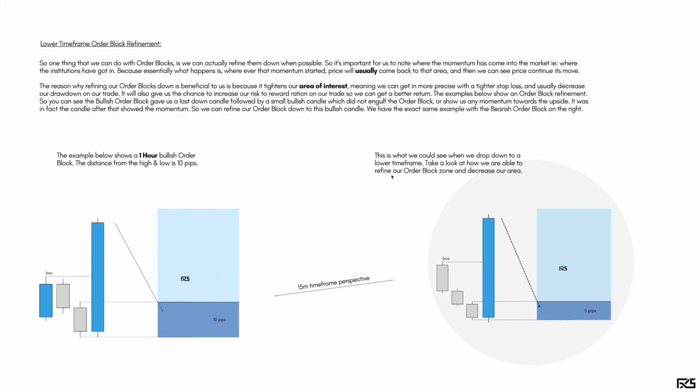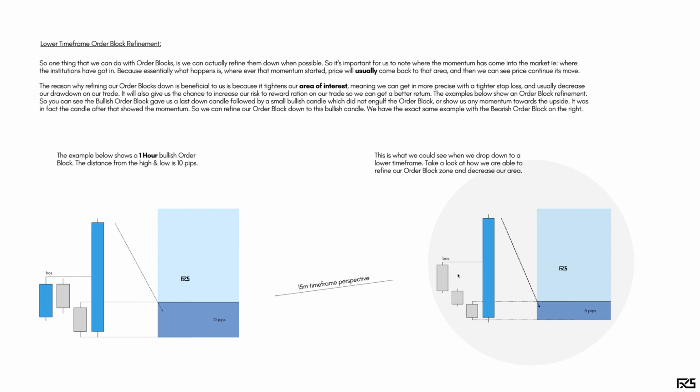Now if we look at a 15-minute time frame perspective, this is what we could be seeing when we drop down from an hourly time frame to a 15-minute time frame. Take a look at how we are able to refine our order block zone and decrease our area to work with. So this may be what we could see on the hourly.